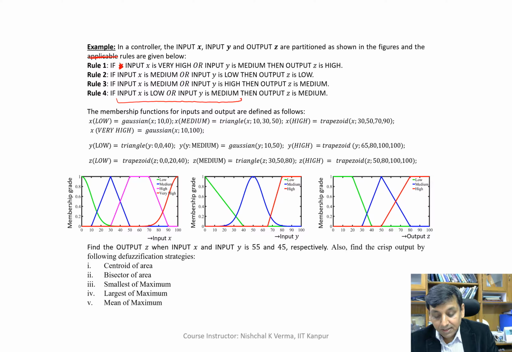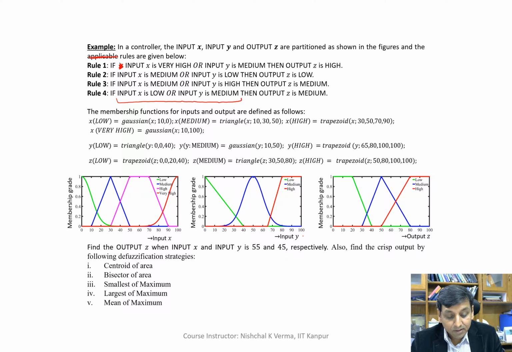We see that the inputs are divided into multiple fuzzy regions. Input X is divided into multiple fuzzy regions, each region represented by a fuzzy set: low, medium, high, very high.